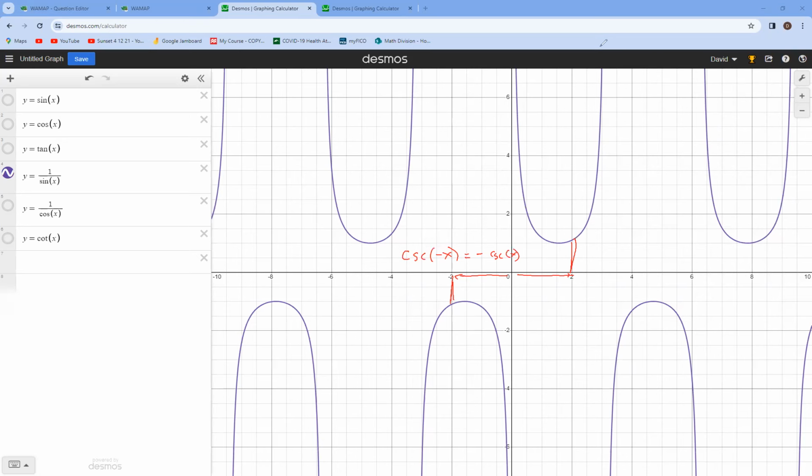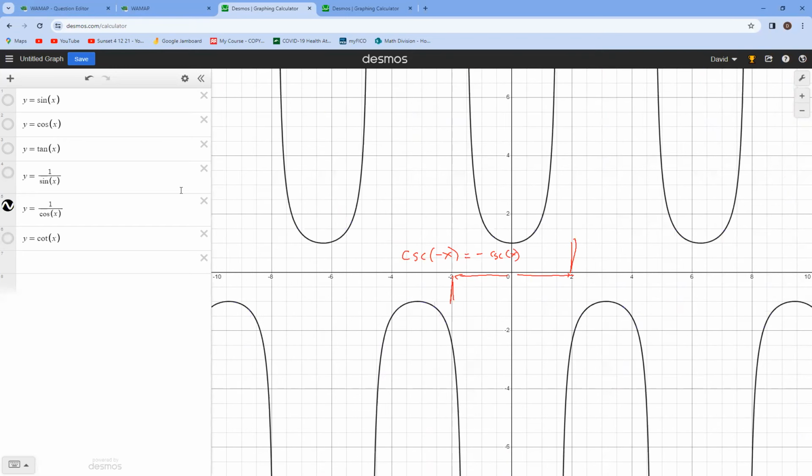Now the secant, 1 over cosine. If you travel out some distance in the x direction versus going the same distance in the negative direction, say all the way out to 4 versus negative 4, how do the y values compare?